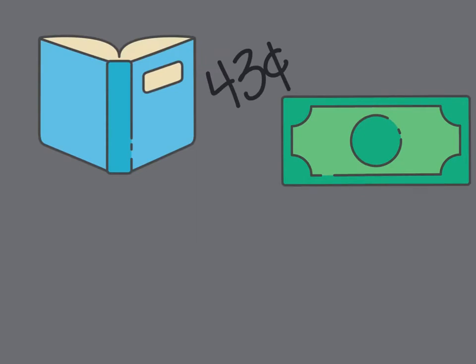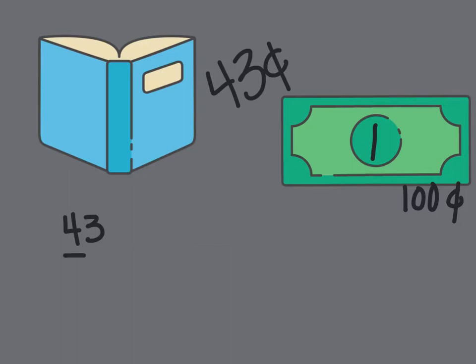On this page, we're going to be doing the same thing, but here we're buying this book for 43 cents. We're still paying with a $1 bill, so remember that is 100 cents. Let's start out by writing down 43. We're going to make ones or circles until we get to the next 10.